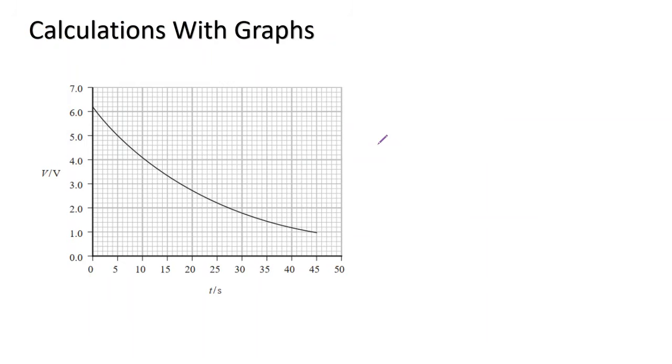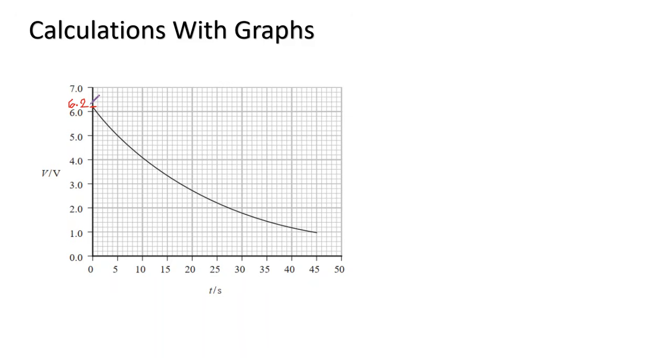Now let's move on to graphs associated with capacitors. This is an exponentially decaying curve. If you look at the initial value, it's around 6.2. A question can ask you to calculate the resistance from this, or the time constant.